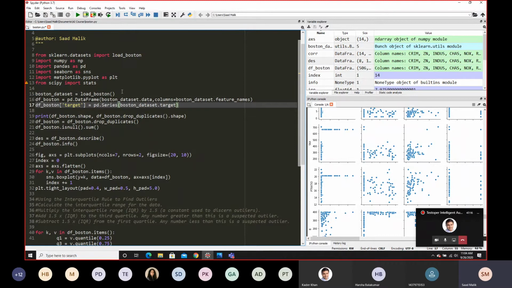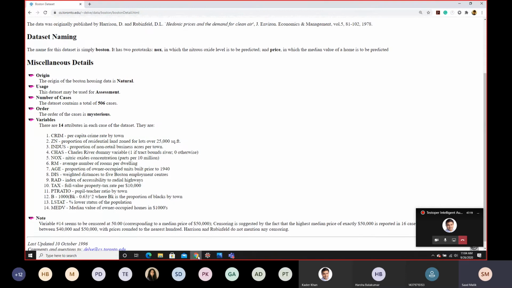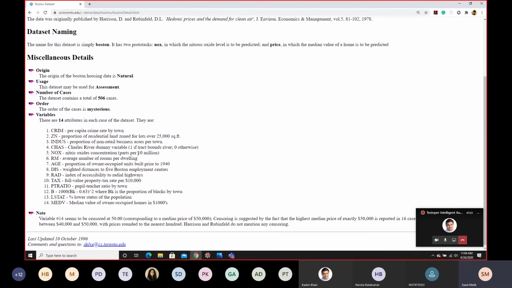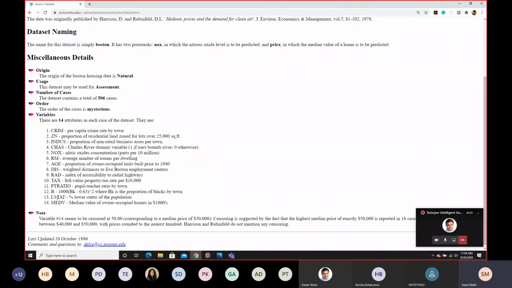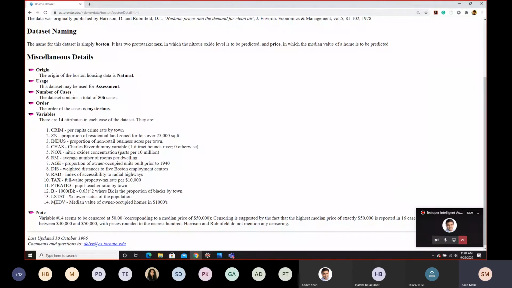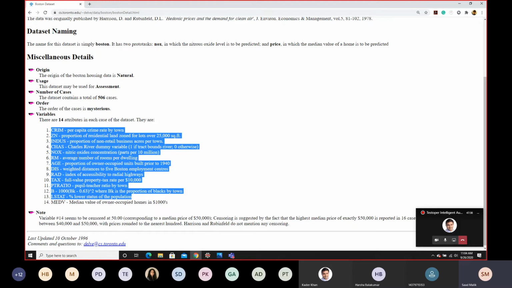So let's go over the description of the Boston housing dataset first. It provides us with these 14 variables, right? The median value of the home is going to be the dependent variable. All of these other ones will be the independent variables.